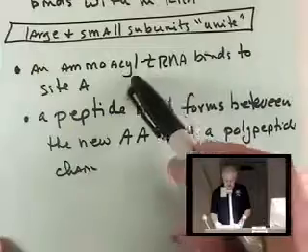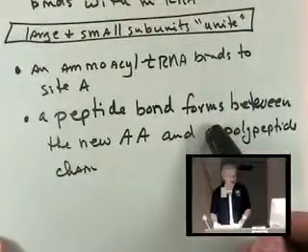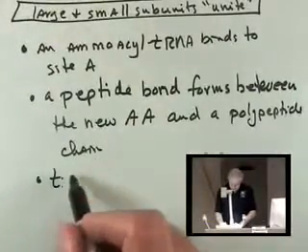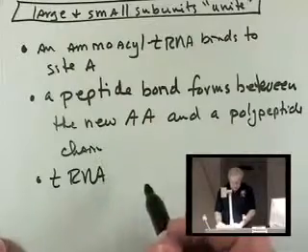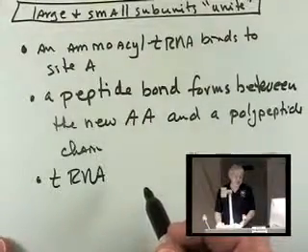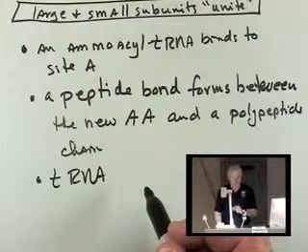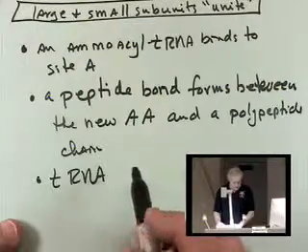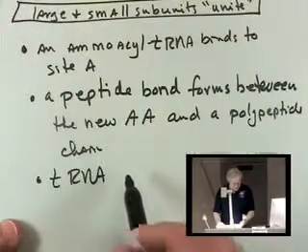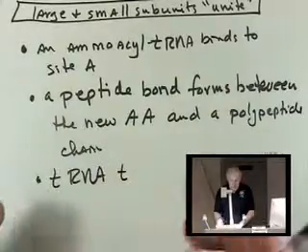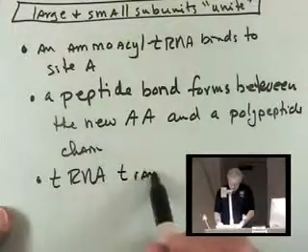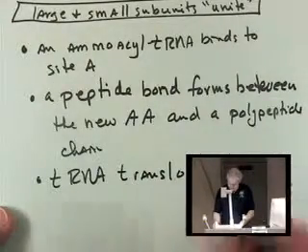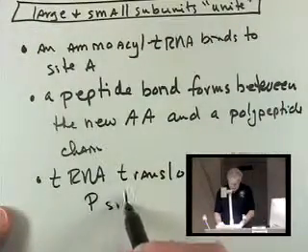This tRNA now has the polypeptide attached to it, and so it's got to shift from the A to the P site. So that tRNA, not calling it aminoacyl anymore because it doesn't really belong to the amino acid. It's still stuck to it, but the amino acid has now had the peptide bond formed. So the amino acid is really part of the growing polypeptide chain. So that tRNA, the new one that we were just talking about, translocates to the P site because it now has the polypeptide attached to it.